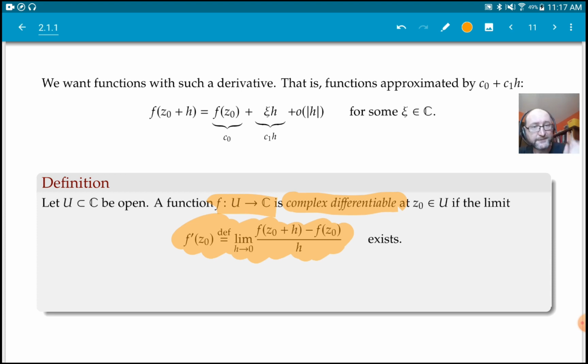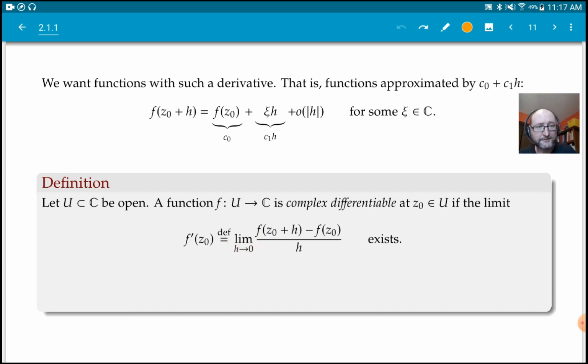Let me emphasize it. I'm always going to use complex differentiable when I mean this thing, just to emphasize that that's the complex derivative, not the real derivative, right? In this course, if I say differentiable, it's going to mean real differentiable. I'm usually going to say real differentiable. And this is complex differentiable, because this h is complex, right?